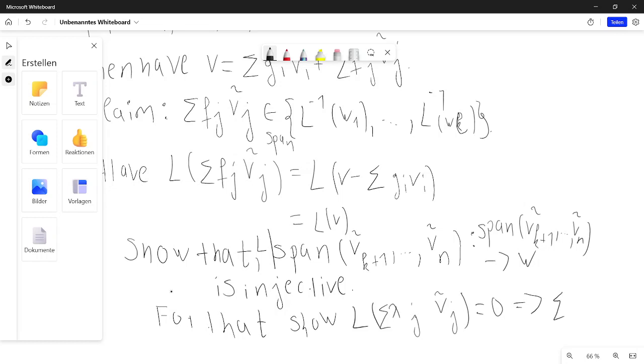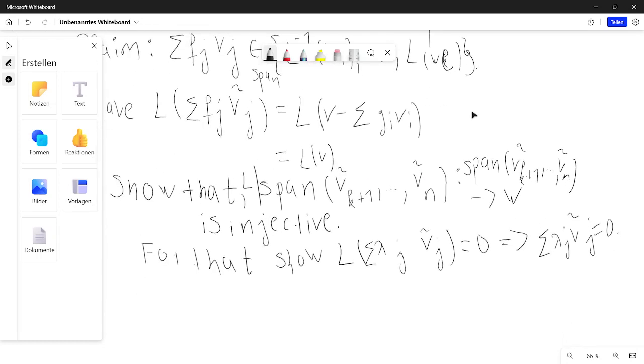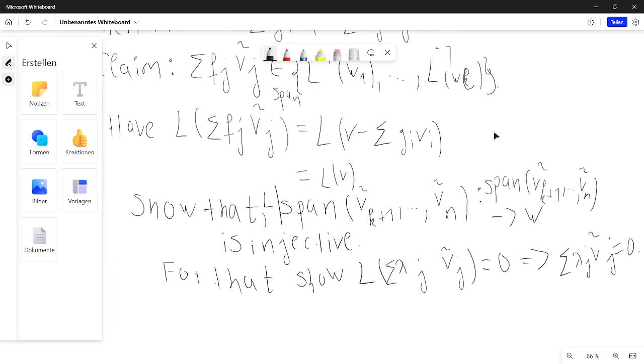Implies lambda j tilde j is 0. Right. This is what we have. And let's see that it is the case.